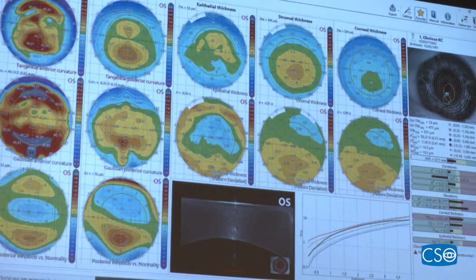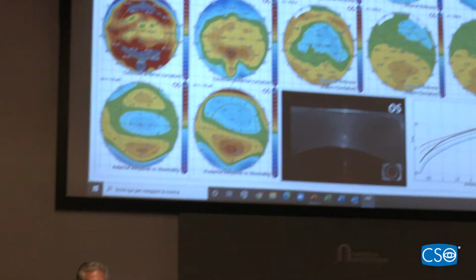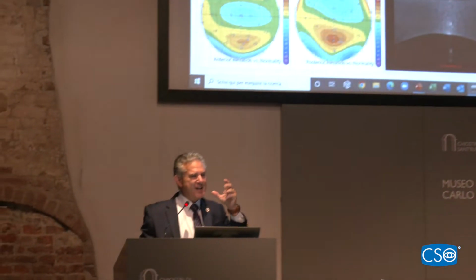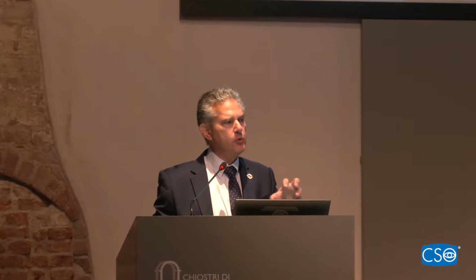And as you know, we published our first paper describing this concept, I think in 2009. And this is really one of the most powerful tools for excluding keratoconus, okay? And I'm going to show you a few cases like this.